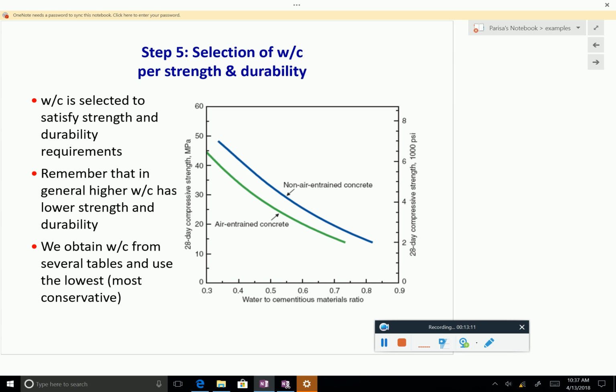So the graph for water to cement ratio versus strength, it's either using the graph or using the table.